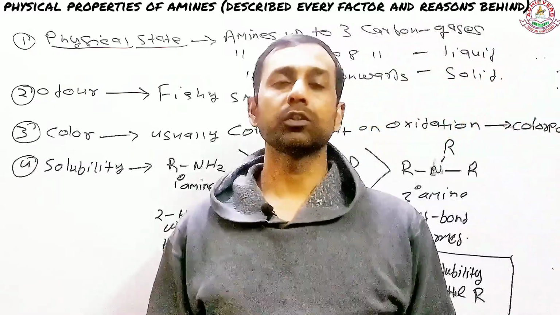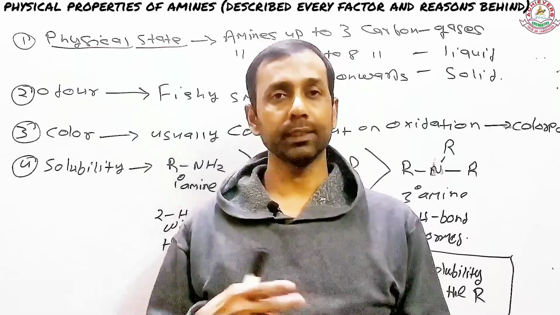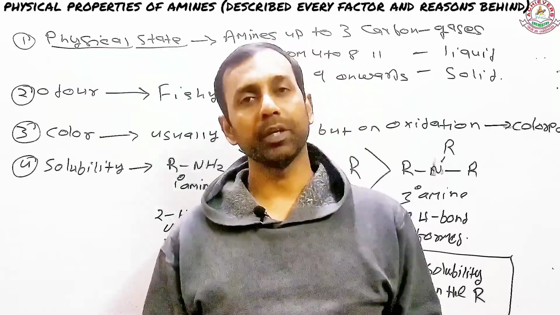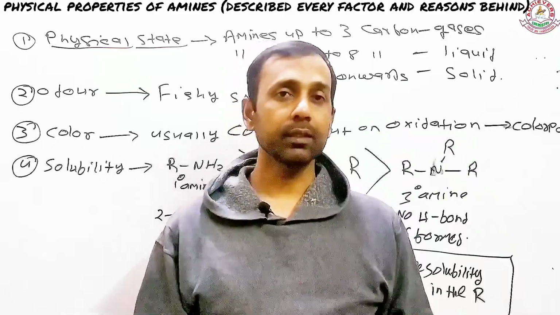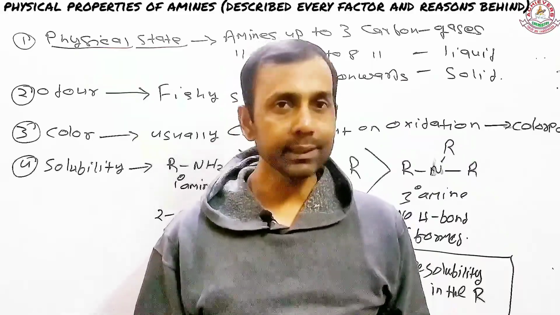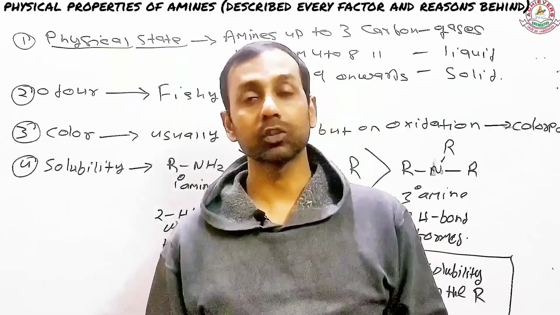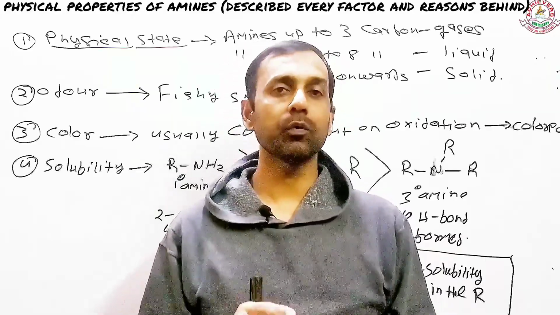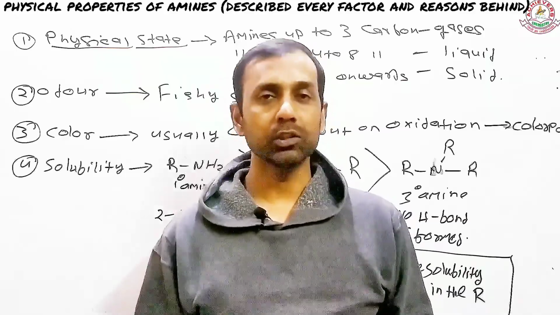Suppose I am talking about methanamine, ethanamine, propanamine, butanamine. All these are primary amines, right? But as the number of carbon increases, the solubility decreases. Why? Because with an increase in the number of carbon, the hydrophobic nature of the amine also increases.